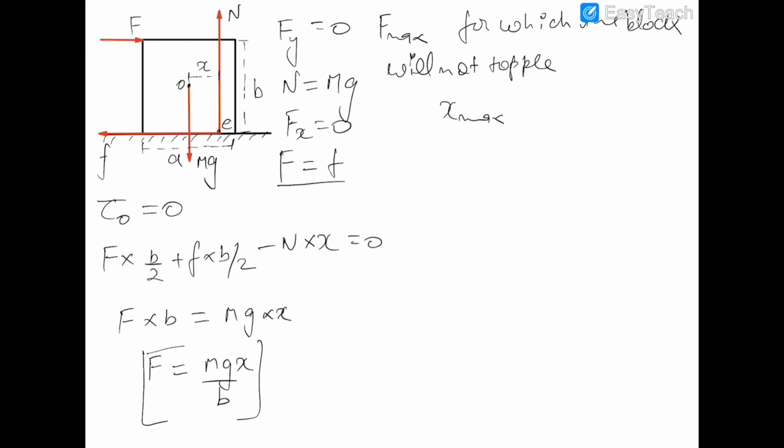So x max is equal to a by 2. You can see this maximum distance is a by 2. So F max will be equal to mg a by 2b. So this is the maximum force for which this block will not topple. And this force is also the minimum force which is required to topple the block.